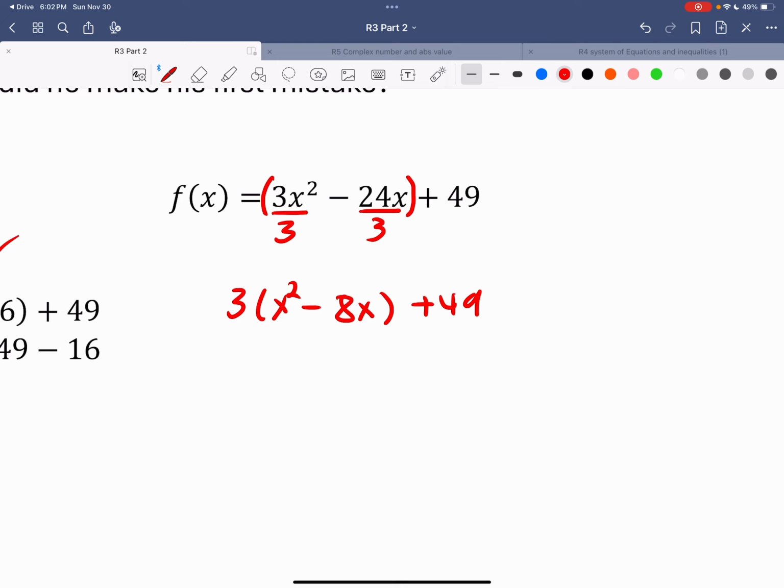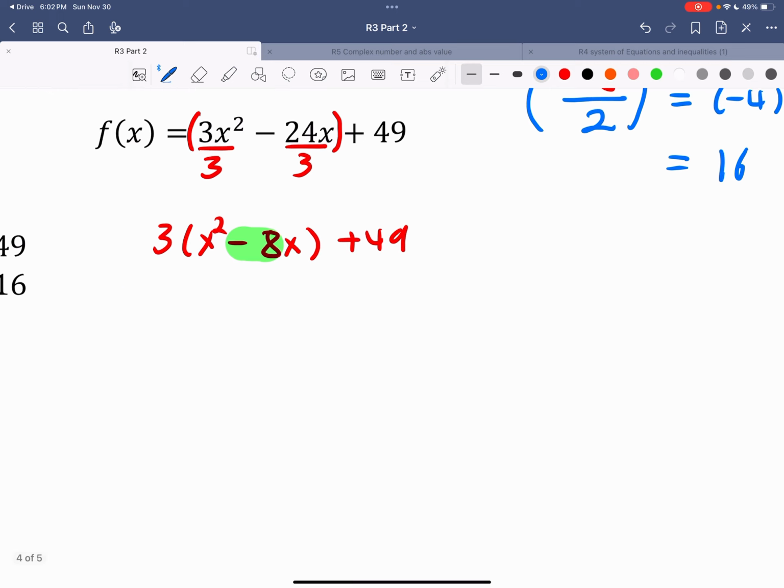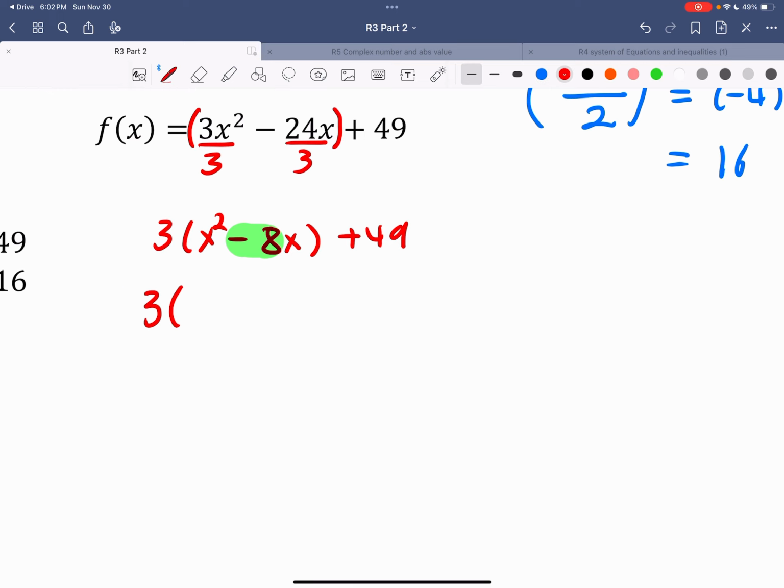After that, you have to take this middle number, which is negative 8, and always divide by 2 and then square it. So negative 8 divided by 2 is negative 4, and negative 4 squared is equal to positive 16. You put this number in here, like plus 16 minus 16.